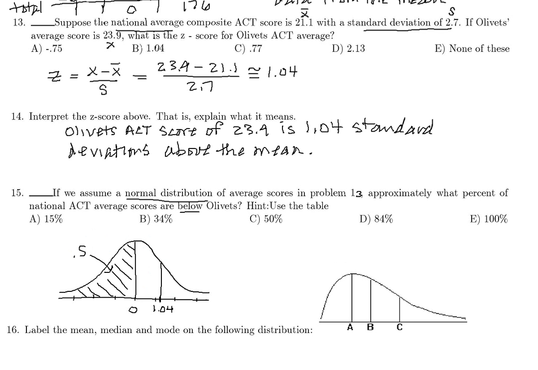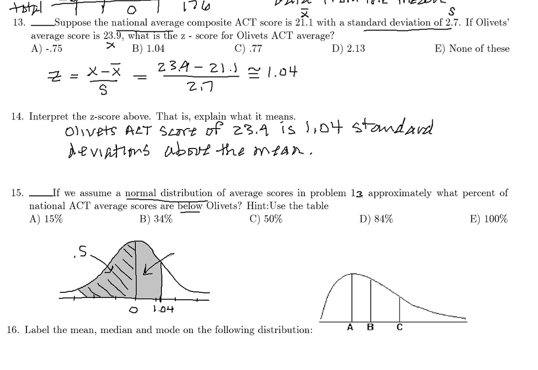Okay, let me put some color in there. So we want to find the total shaded area. This much over here is 0.5. And then this area in here, that we get from the table. That's the percent of the data that's between 0 and 1.04.